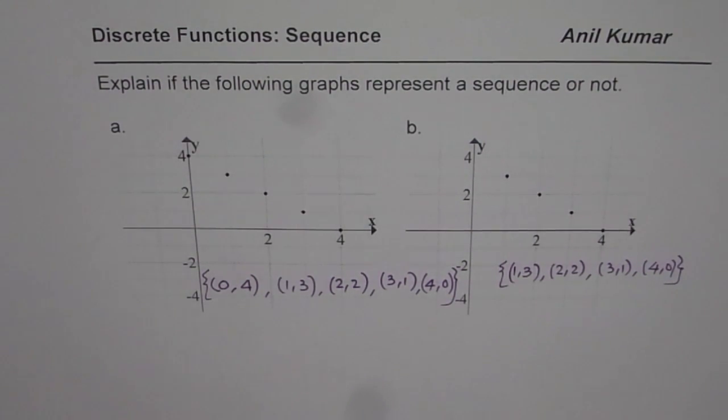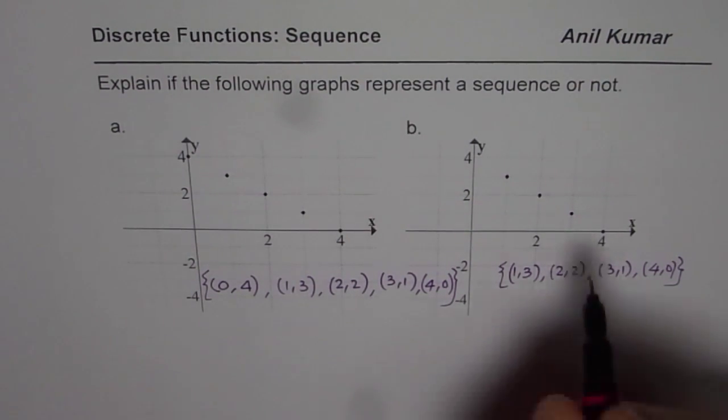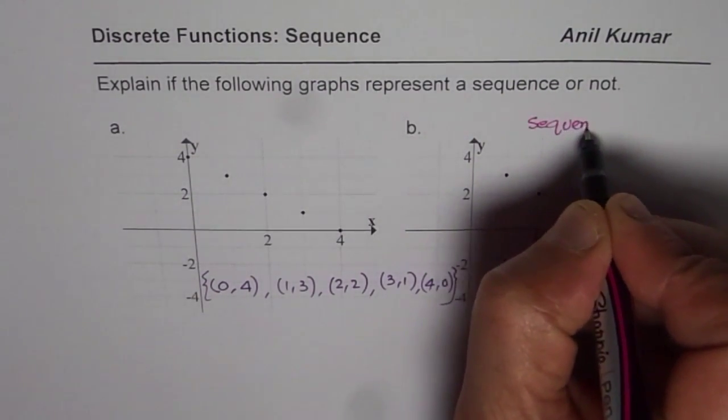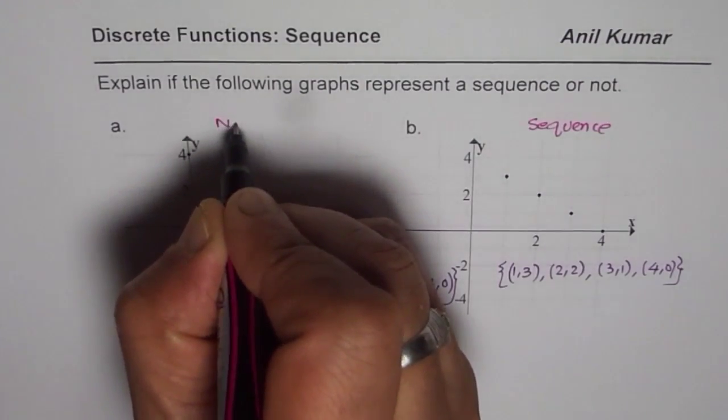Now think about it and then answer. Are these both sequences or not? And explain why. Well, let me now give you the answer and then we'll think about the reason. So here we say this is a sequence and this one is not a sequence.